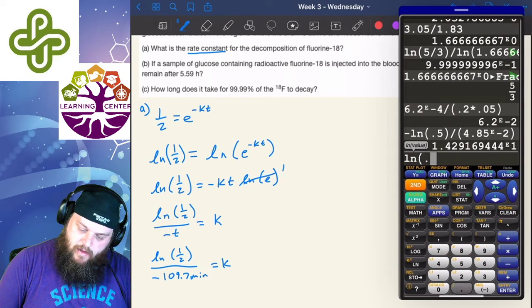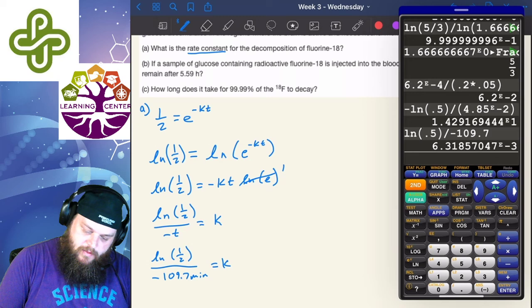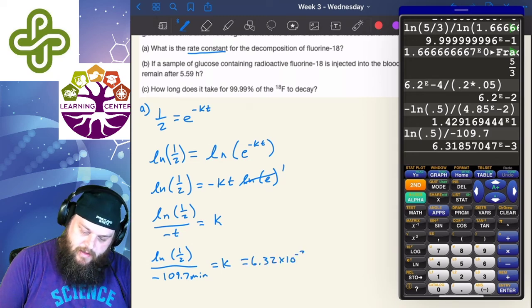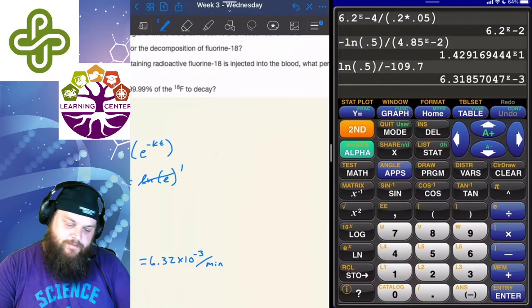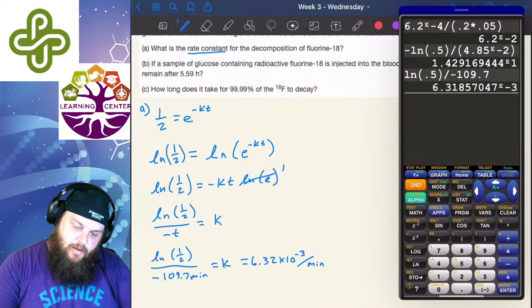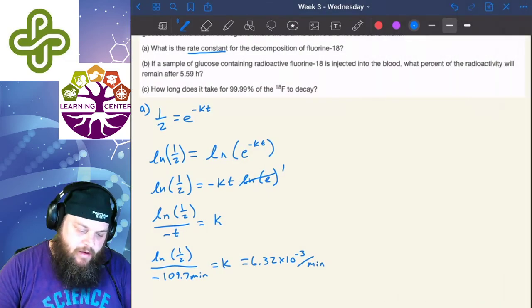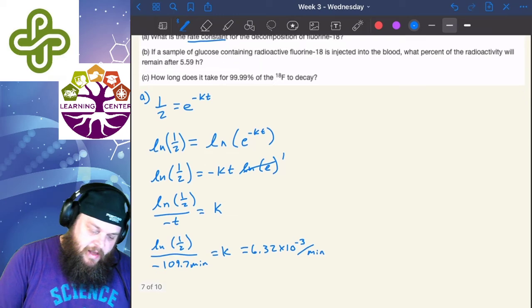The natural log of 1/2 divided by negative 109.7, that's equal to 6.32 times 10 to the negative 3 per minute. That's the rate for it. It always wants to go over there. All right. So that's part A.